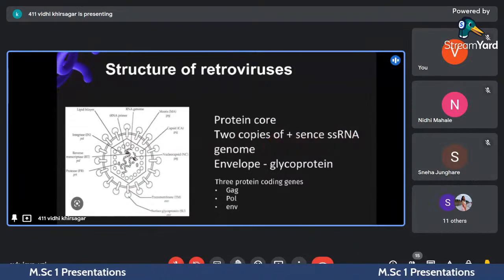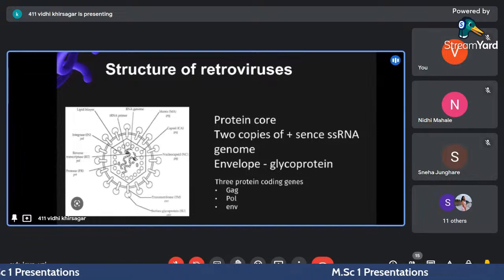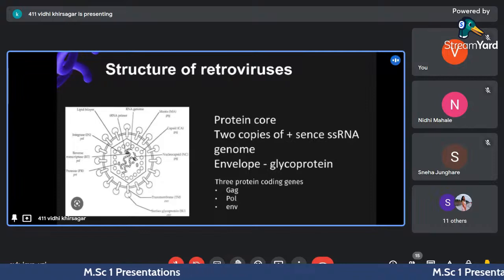Now, what is plus sense RNA genome? Plus sense RNA is the mRNA which can be directly translated into protein. If a virus contains a negative sense RNA, then this negative sense RNA needs to be converted into positive sense RNA, and then this RNA is translated to protein.